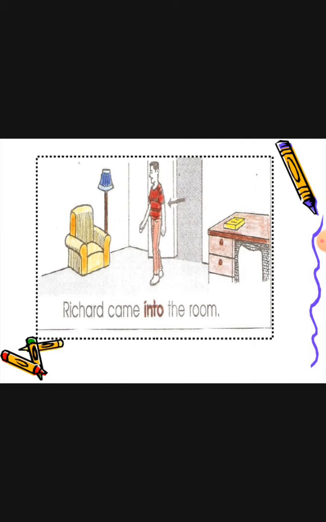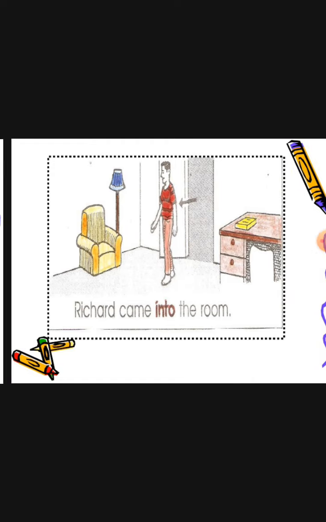But if you see the man, he is coming. So the movement is being shown here. We can see the boy is coming into the room. So there is a movement into the boundary of something, so we have to use into.